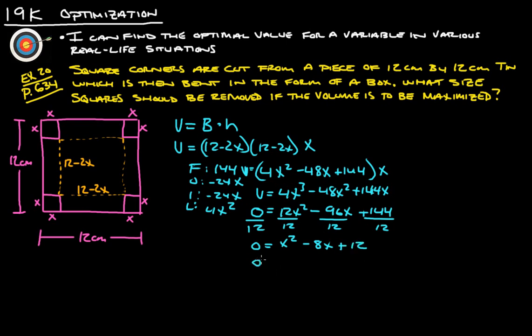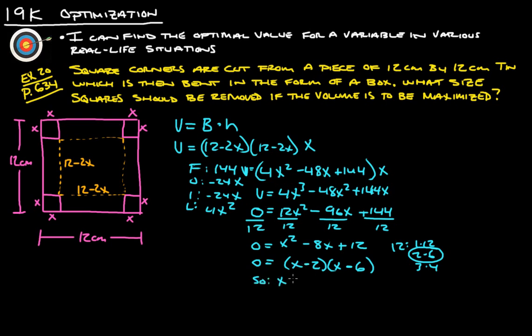So now we simply want factors of 12 that add up to 8. Factors of 12 are 1 and 12, 2 and 6, or 3 and 4. So the factors there that add up to 8 are 2 and 6. So we do x and x, 2 and 6. This sign here always goes with the bigger of the two, and this sign here tells us that these two signs have to be the same.